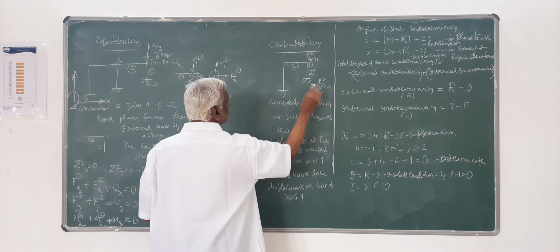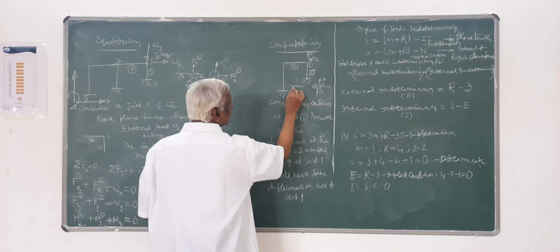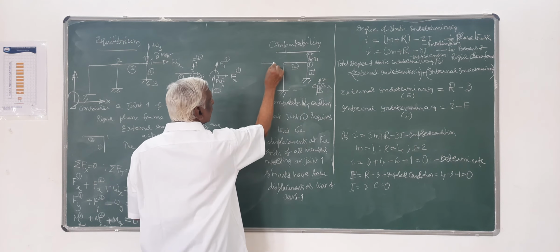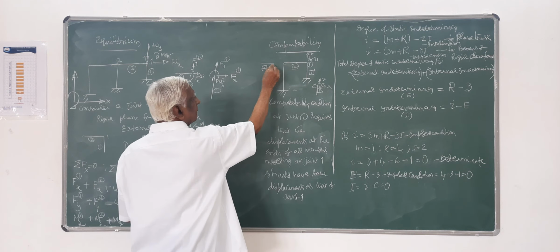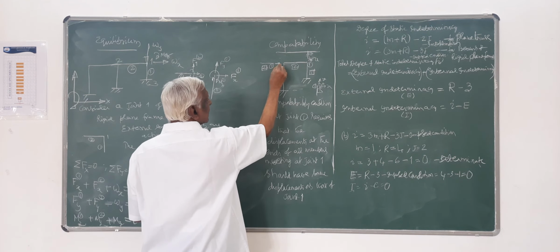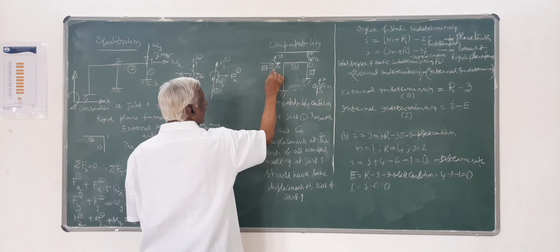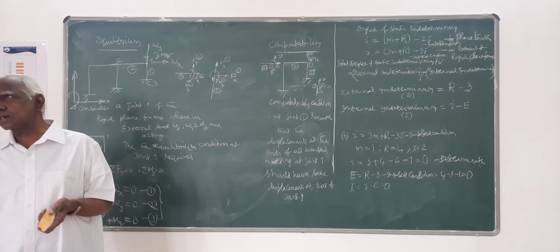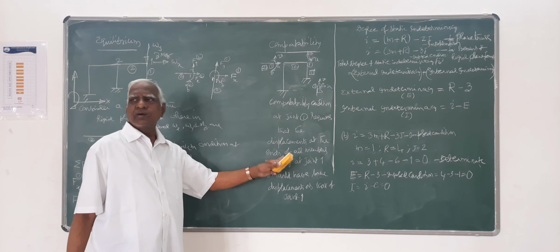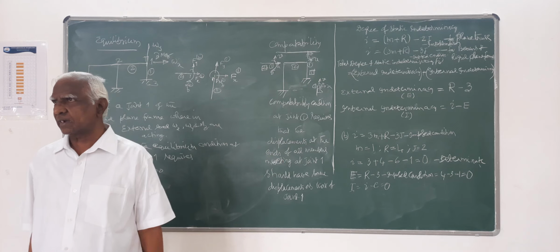Similarly, member 2 at this joint 1 should have the same horizontal displacement u, same vertical displacement v, and same rotation theta. This is exactly what the compatibility condition is.